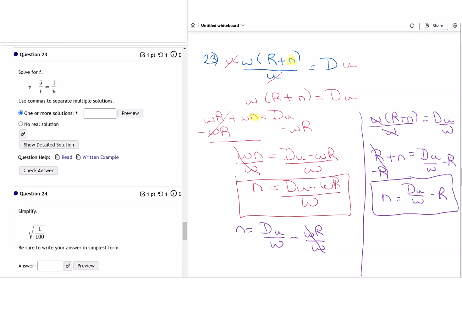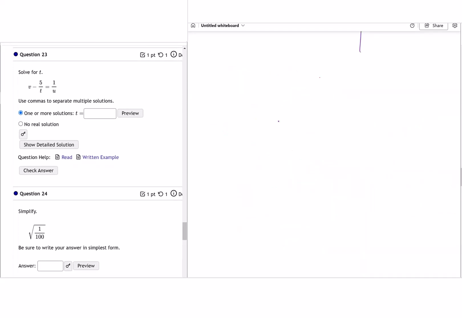Let's do one more. Number 23. V minus 5 over T equals 1 over U. Solve for T. Again, I need to do my steps. There's nothing to factor. Find the LCD.